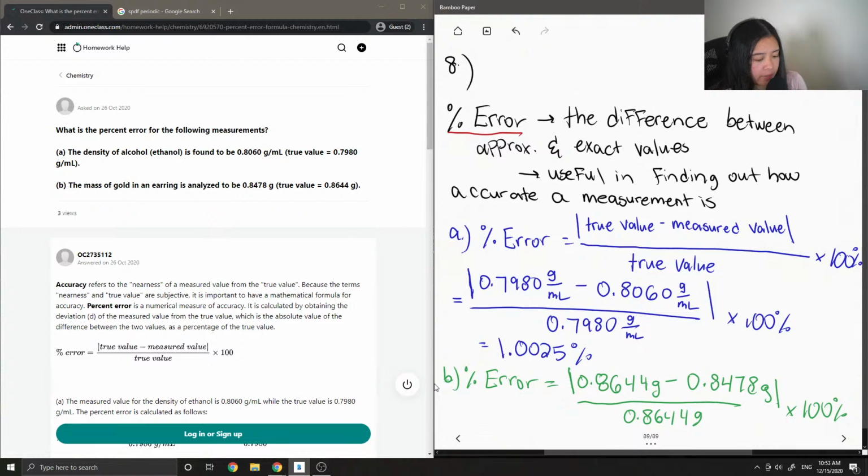We end up getting a percentage error of 1.9204%. Okay, so that's also pretty low.